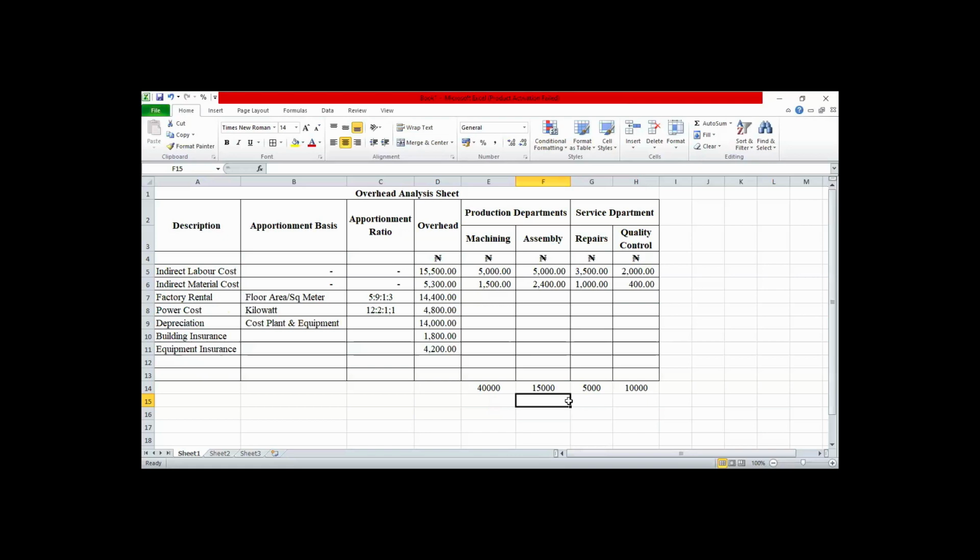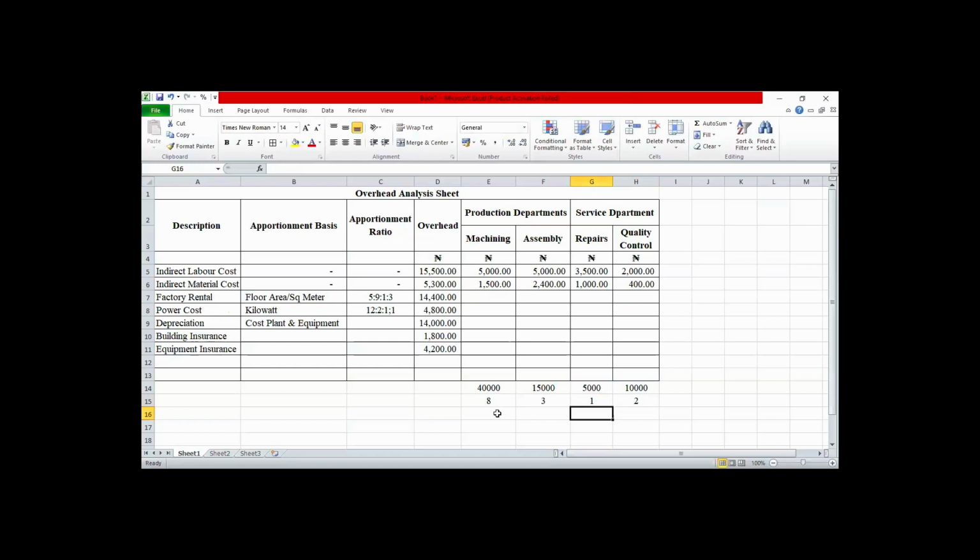Now look at it. 40,000 divided by 5,000, we have 8. 15,000 divided by 5,000, we have 3. 5,000 divided by 5,000, we have 1. And 10,000 divided by 5,000, we have 2.